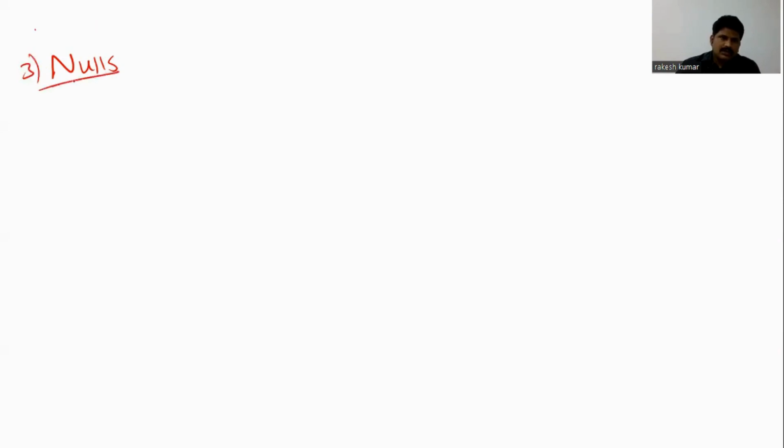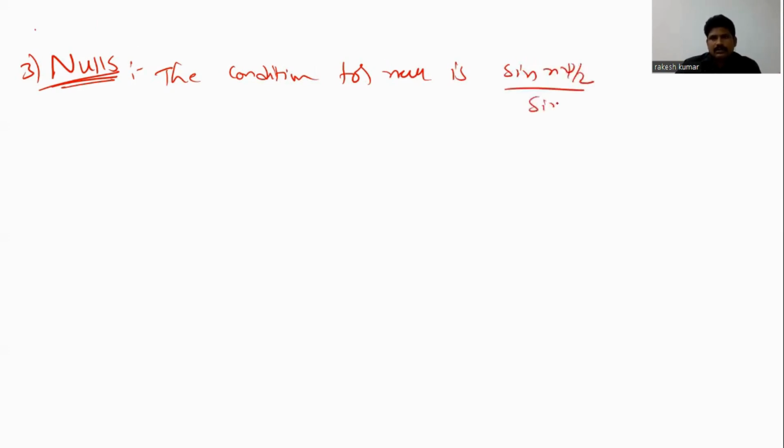The third property is null. The condition for null: null means we don't find any radiation. So the condition for null is sin(n psi by 2) by sin(psi by 2) should be equal to 0. In order to validate this, sin(psi by 2) should not be equal to 0, because otherwise it becomes an indeterminate form. So the only option is that sin(n psi by 2) should be equal to 0.